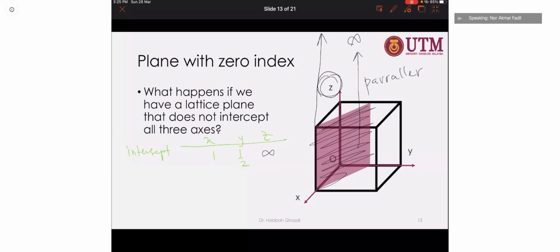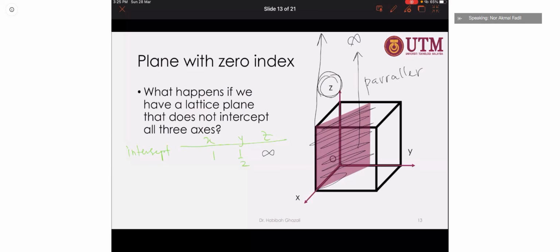Infinite with respect to this unit cell. The unit cell is small, so the number of unit cells in that distance can be very infinite. One is the smallest, so infinite is maybe, I don't know, infinite. So that's the reason we put infinite.